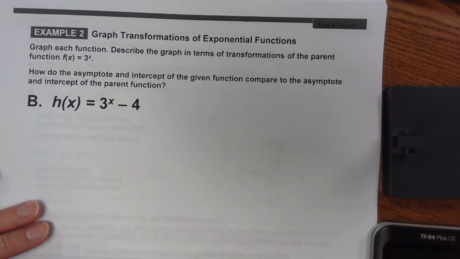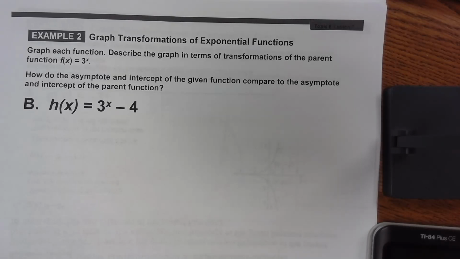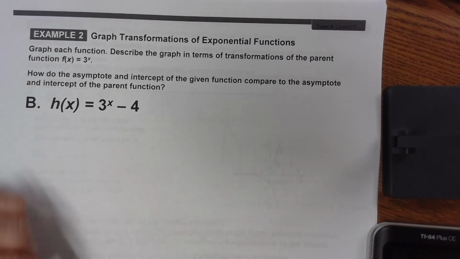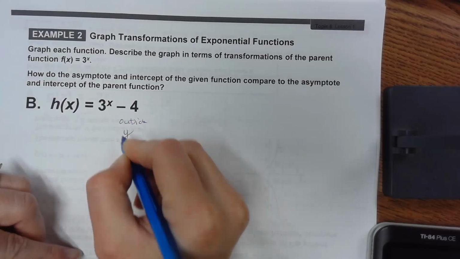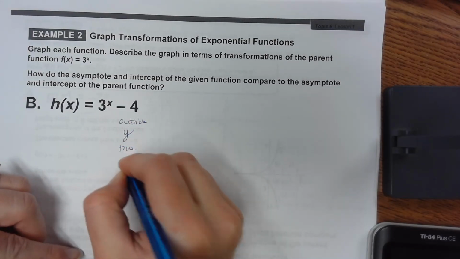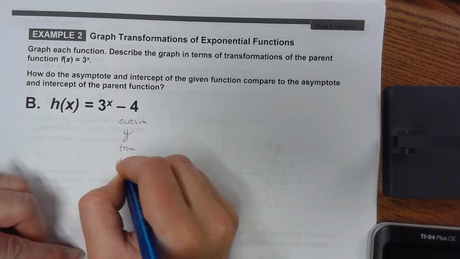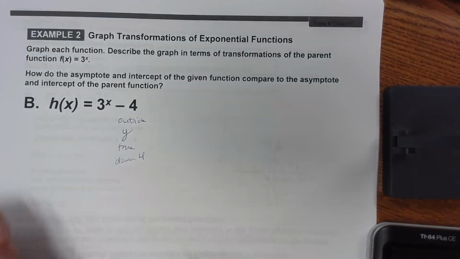Right, so I want you to talk to your partner to tell me, where do you think this graph is going? Okay, so you should have thought that this is outside, which is y, which is true, which is down 4.